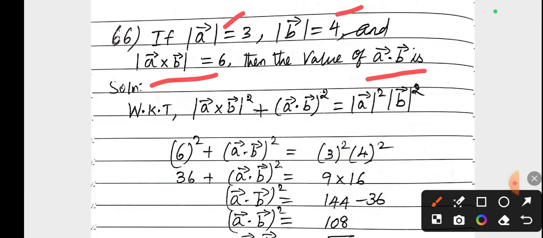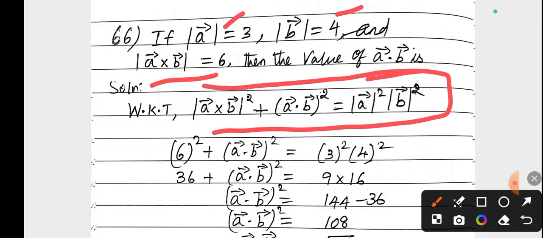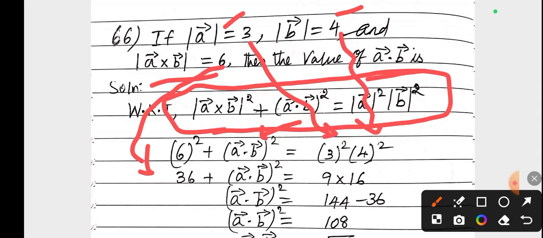We know this formula, so apply: magnitude of A cross B whole square plus A vector dot B vector whole square equals magnitude of A square into magnitude of B square. Apply the magnitude of A cross B value, children: 6 square plus A vector dot B square equals magnitude of A value is 3 square, magnitude of B value is 4 square.